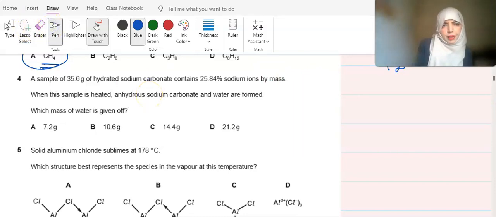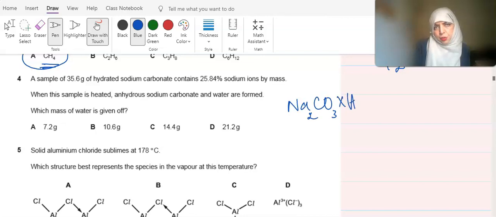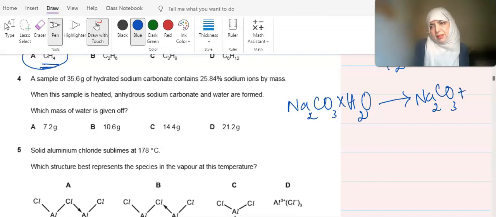See, you have Na2CO3·XH2O. This is hydrous, and when you heat it, it becomes anhydrous Na2CO3, plus you don't know the number of moles of water, so water molecules are released.